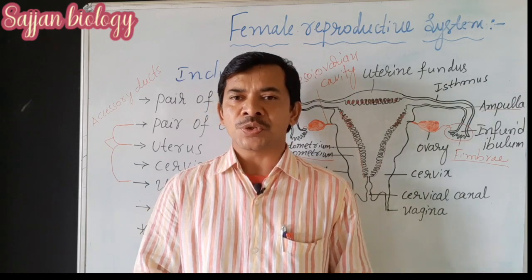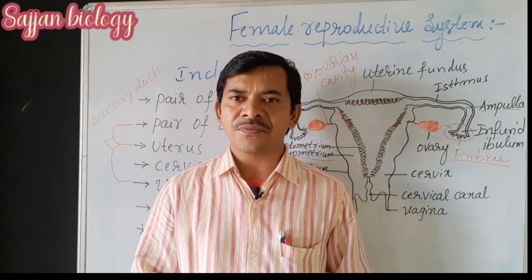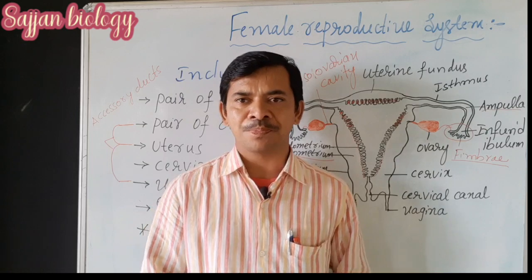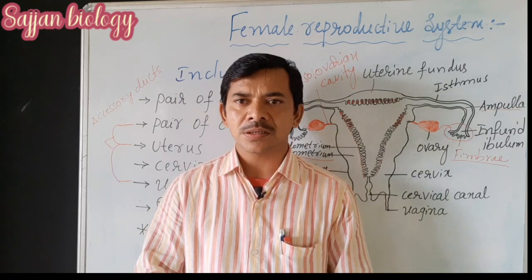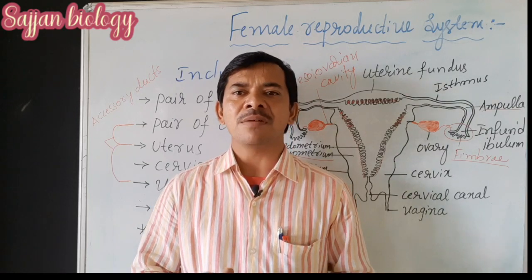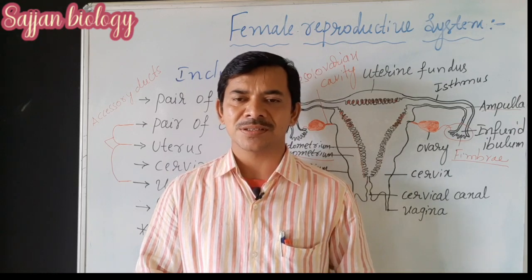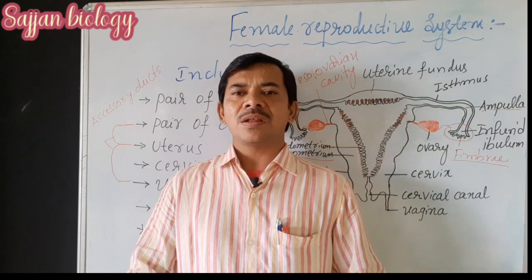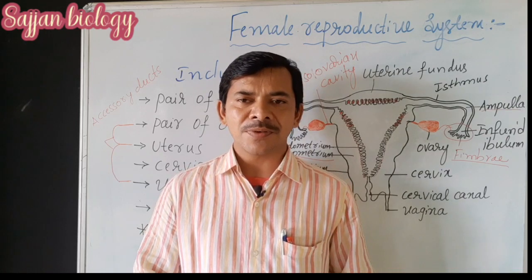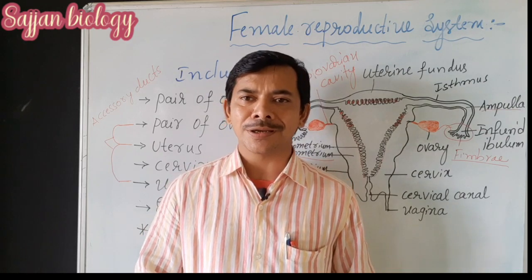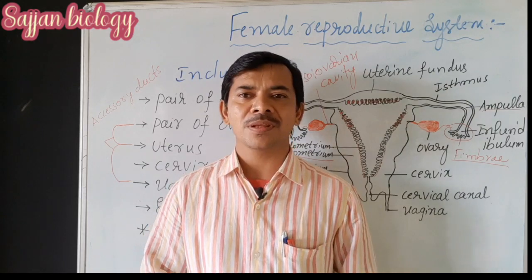Stroma is nothing but a fibrous connective tissue consisting of blood vessels, reticular and spindle fibers, and the stroma is divided into the peripheral cortex and the inner medulla.